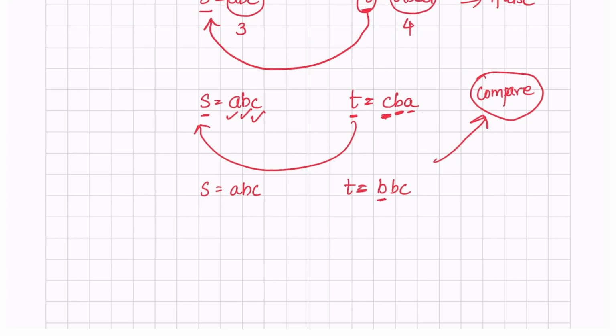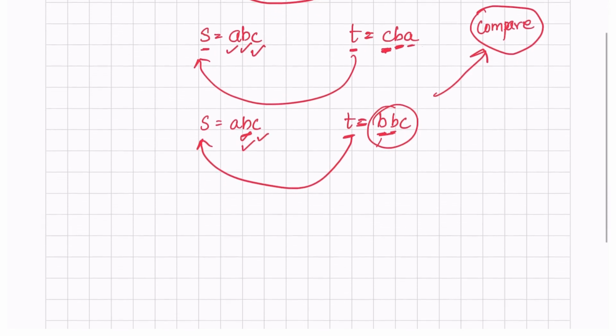We'll say, okay, let's check B. Is B present in S? Yes. Is B present in S? Yes. Is C present in S? Yes. Oh, there you go, T is a valid anagram of S. But that's not true. There are two B's in T and there's only one B in S. And according to the definition, T cannot be an anagram of S.